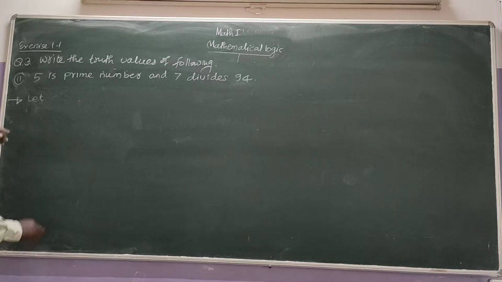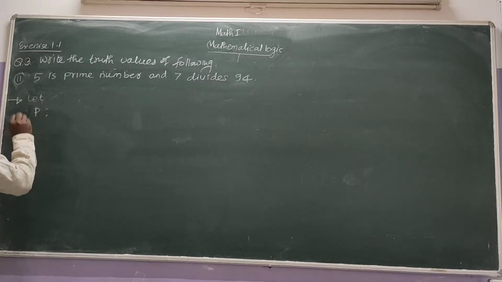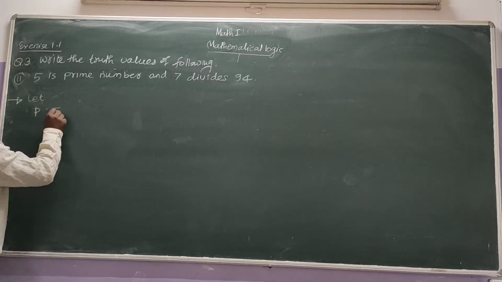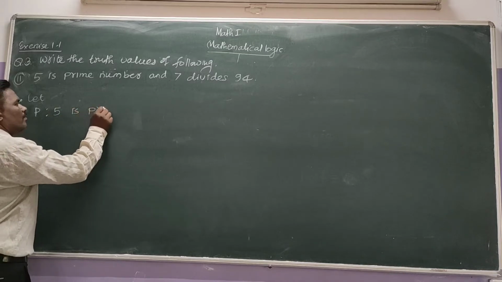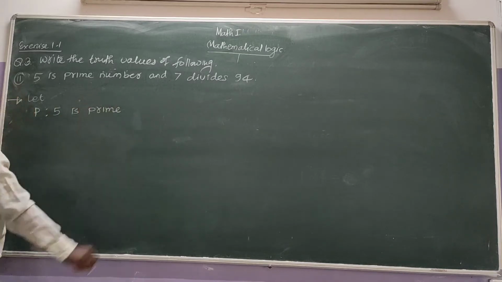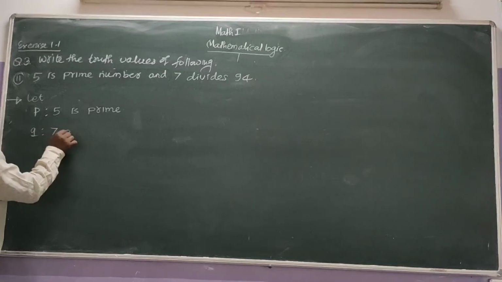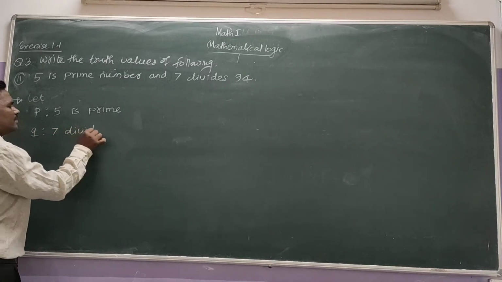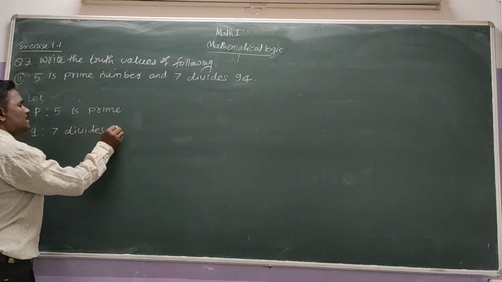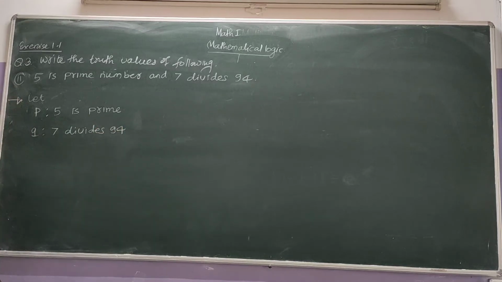Therefore consider here firstly p is 5 is prime. First let us denote the simple statements in the form of p and q. Second, q is 7 divides 94. Then after that write its truth value.